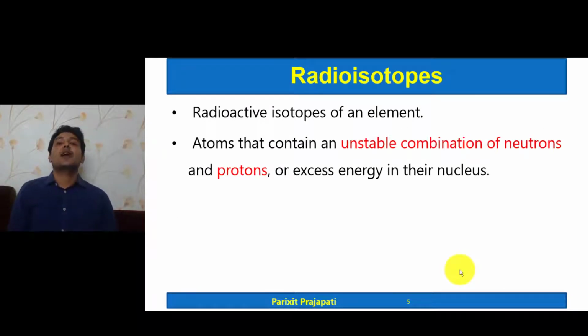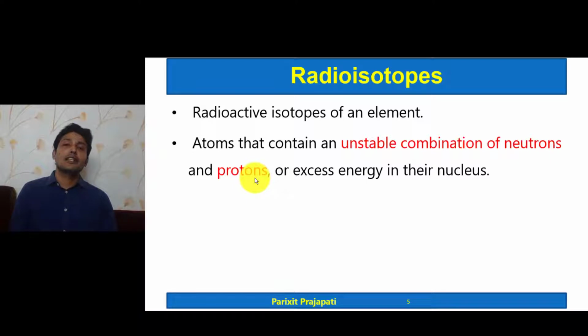Next is radioisotopes or unstable isotopes. Radioisotopes are also known as radioactive isotopes, and here the atoms contain an unstable combination of neutrons and protons. So here the proportion is not maintained. The number of neutrons may be too high or too low.